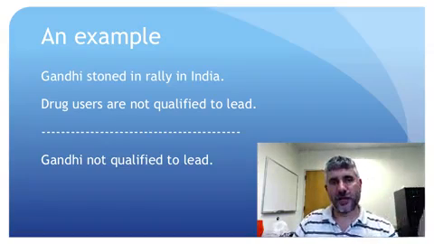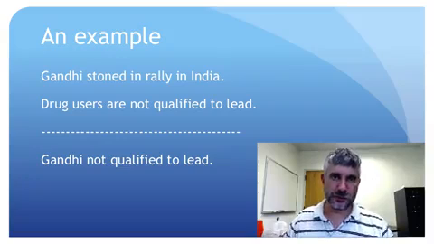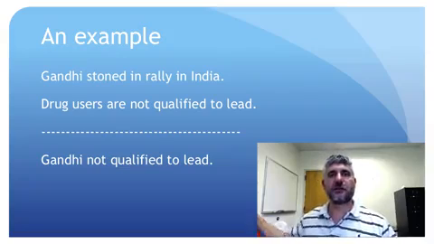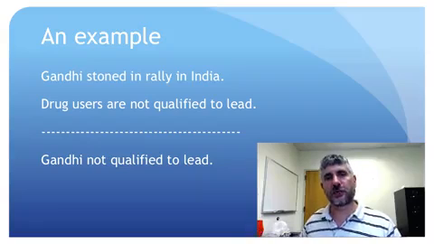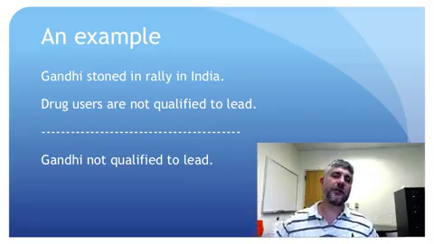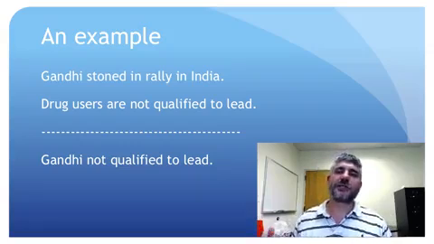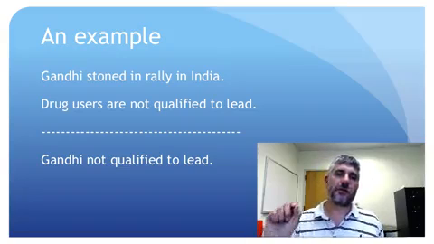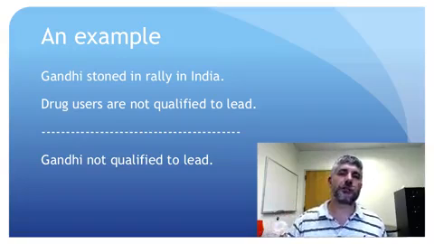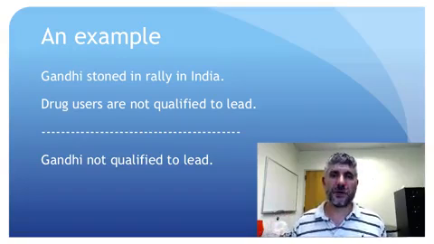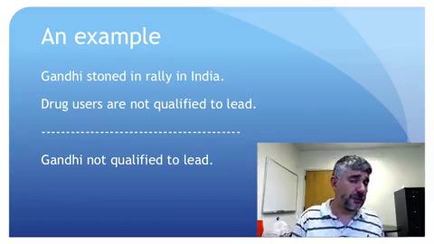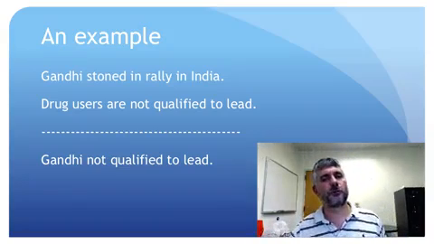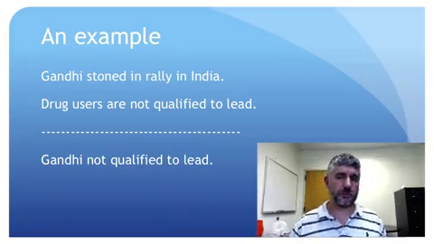And so, on that interpretation, just because people threw stones at Gandhi, that doesn't mean Gandhi was using drugs. And so it doesn't mean that Gandhi falls into the category that the second premise is talking about. So on that interpretation of premise 1, the argument is not valid. It's a fallacy. So there's an example of how the semantic ambiguity of the expression stoned can give rise to a fallacy. An argument that superficially seems valid, but it seems that way only because we're assigning the wrong interpretation to the word stoned.